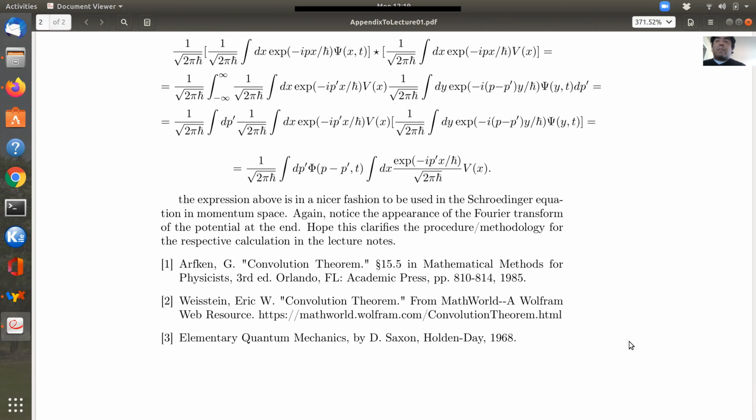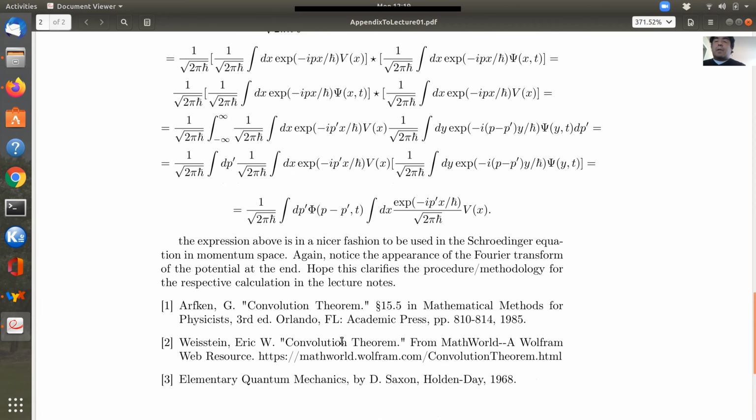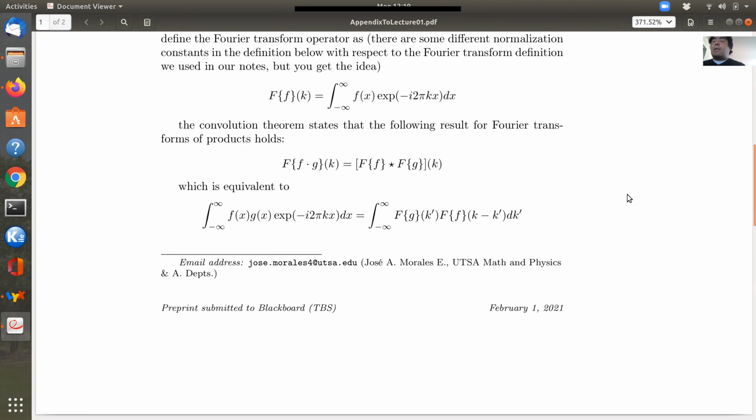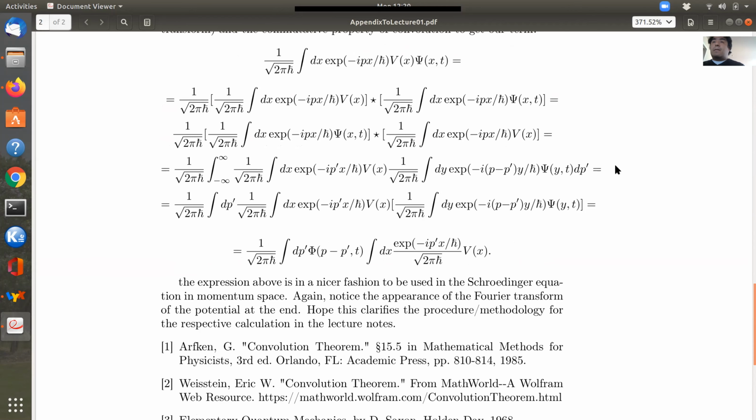Actually, I follow part of its approach in this calculation. You may have noticed that I reference it in the lecture. So hopefully that will help in the clarification of this calculation. And if you have not seen convolution before, I would recommend you at least take a look at it and read it, because it's quite important, especially in quantum mechanics.